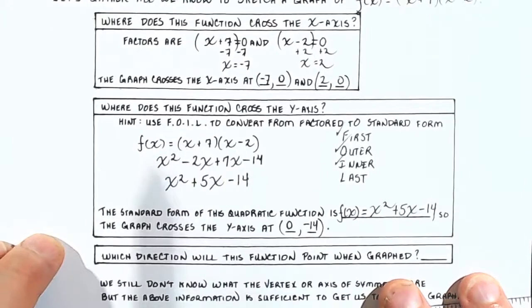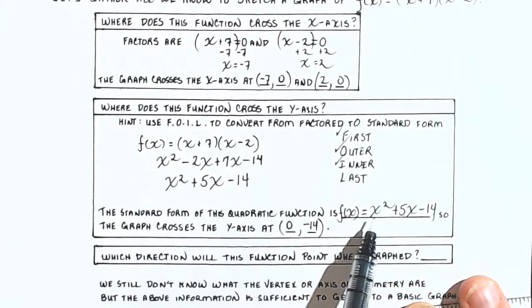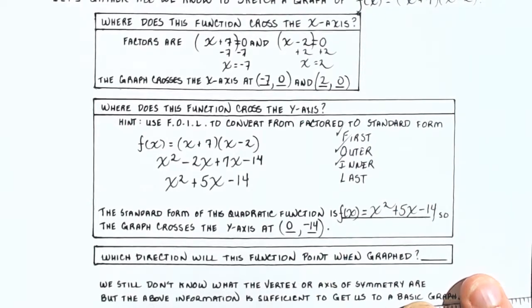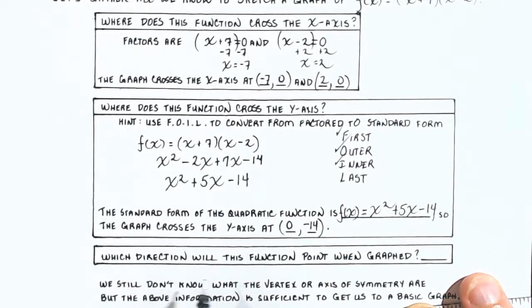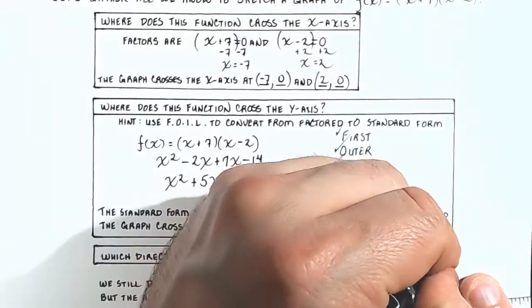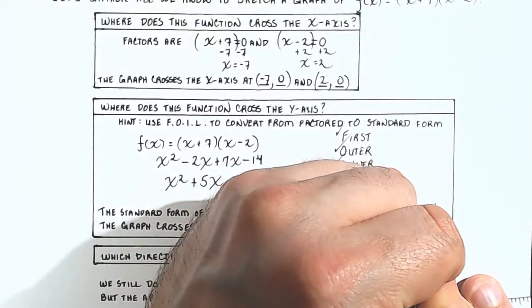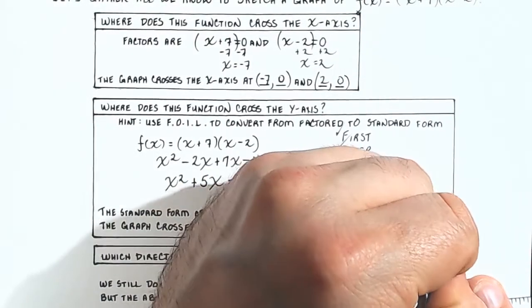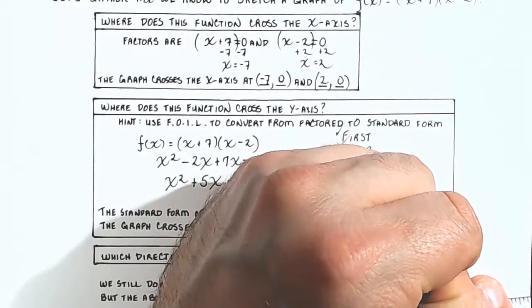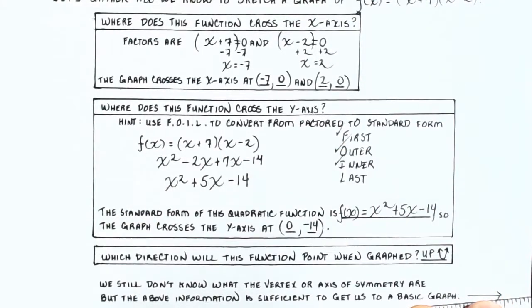So the number sitting in front of the x squared term here is an invisible 1, positive invisible 1. So which direction will this function point? Well, it will point up. And here I'm going to draw a little upward facing horseshoe like that, just so I know. That's the shape the graph will take.